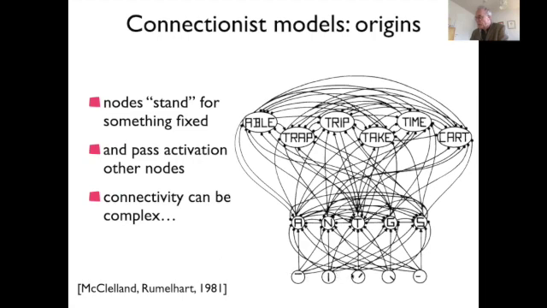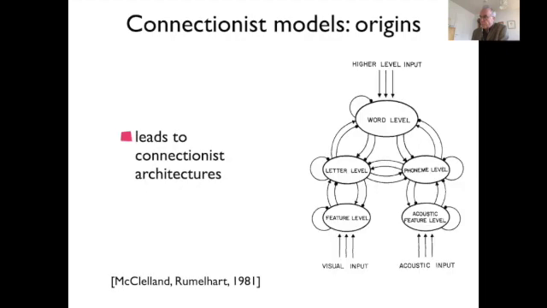This stands for certain line elements, and these stand for words. And then they have these connections, along which activations are passed. The connectivity is much more complex than in ACT-R, but it has sort of the same outlook, right? That the nodes stand for something, and they don't actually say exactly how that comes about. Now that can be improved. I'll talk about that in a moment.